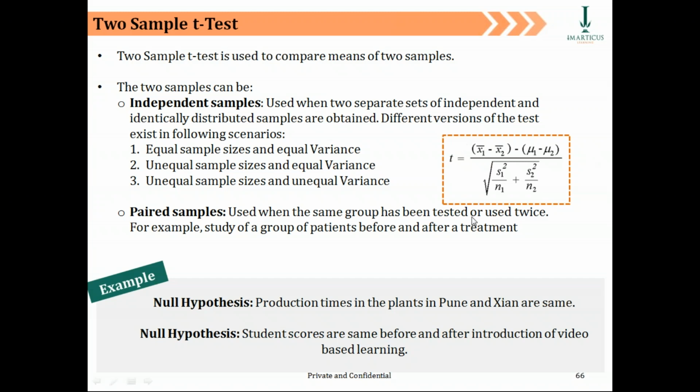That is the reason we are talking about N1 and N2. If N1 and N2 are the same, then it does not make a big impact.